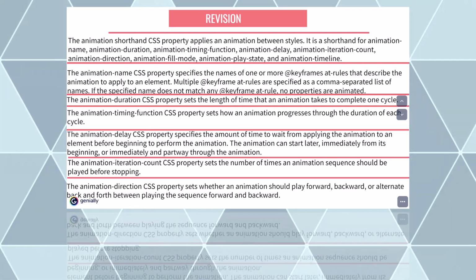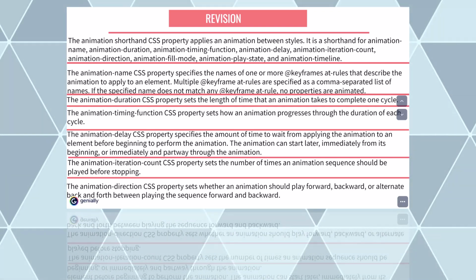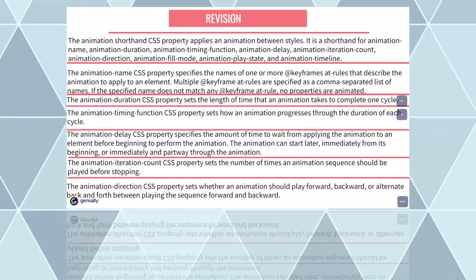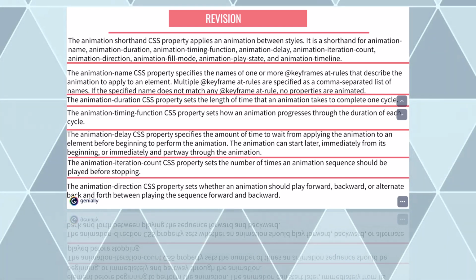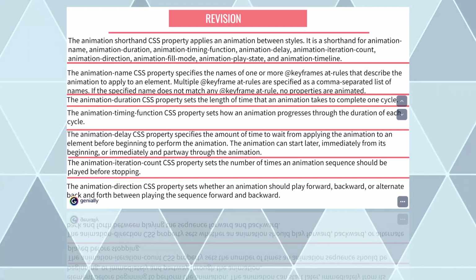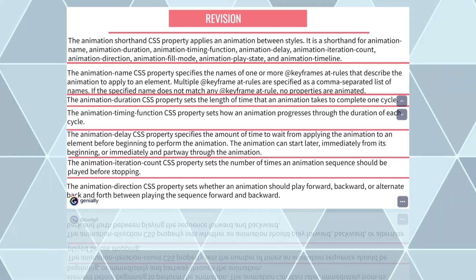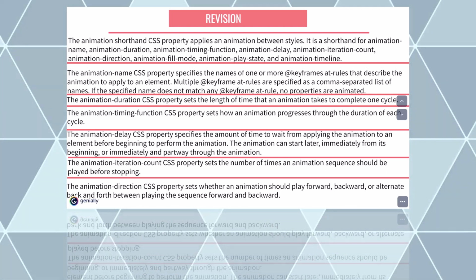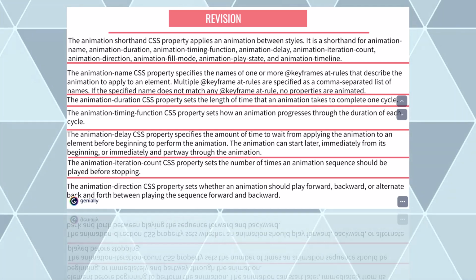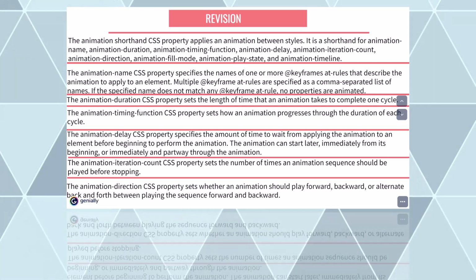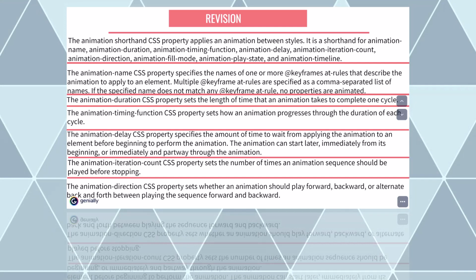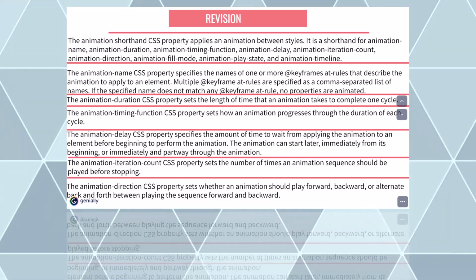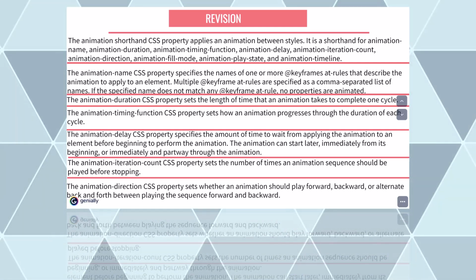So that is all about the timing function. The timing function is predefined for us. There are a lot of values that we can use, such as linear, ease-in, ease-in-out, or ease-out. Right?